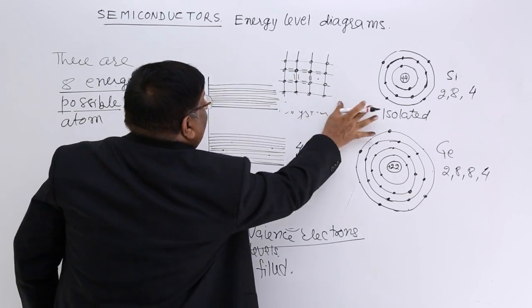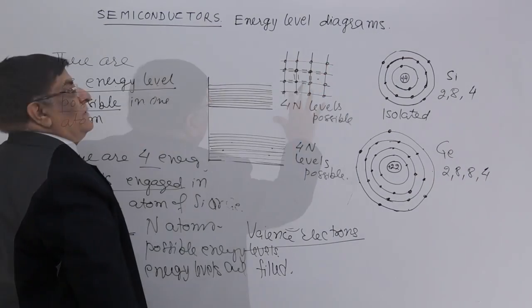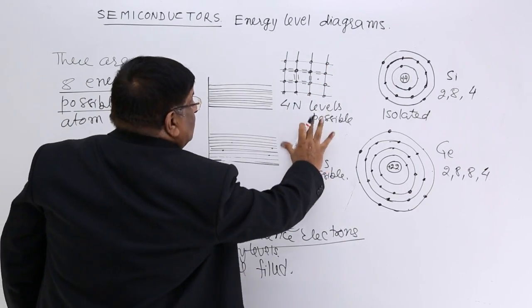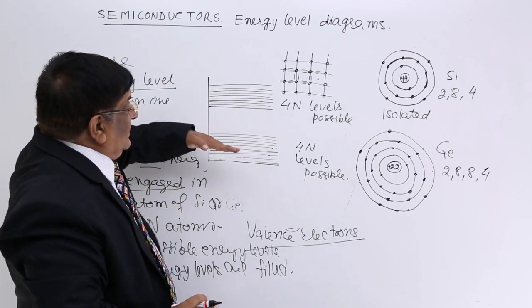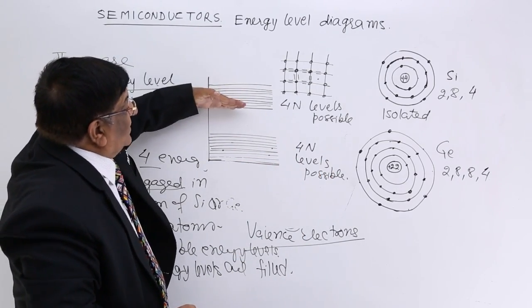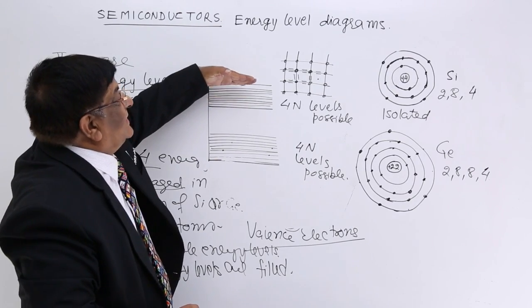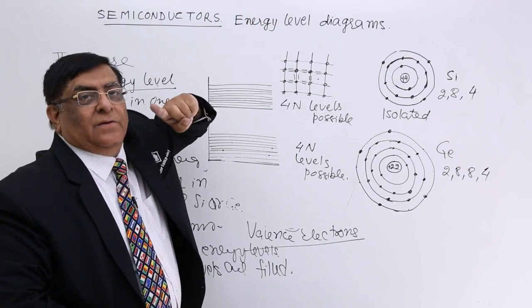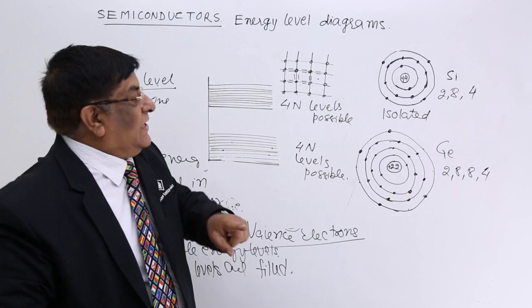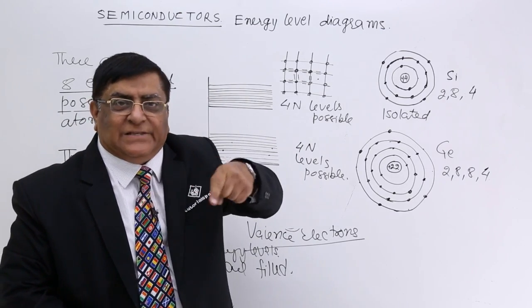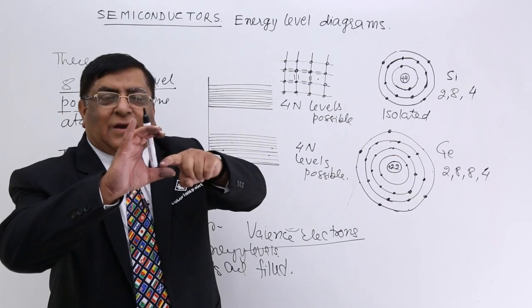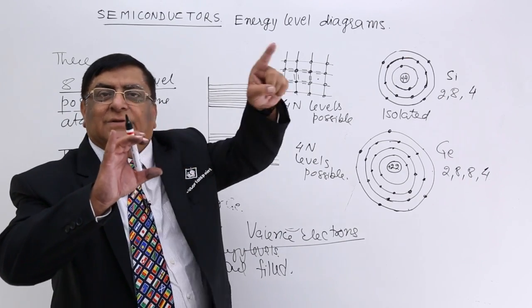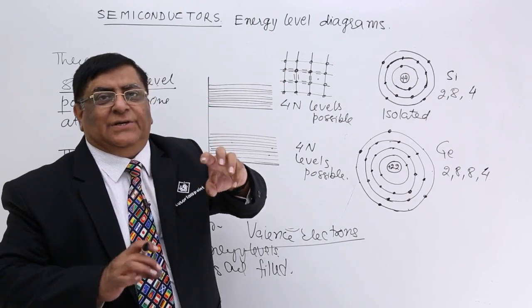And these are also how many levels? 4n levels. The free electrons have energy of this much, or this much, or this much. The electrons which are only doing the valency job, making the bonds, do not leave their atoms because they have less energy.